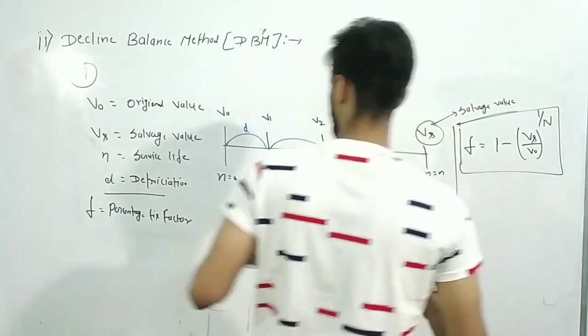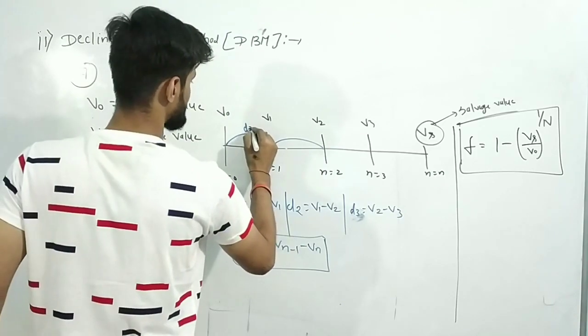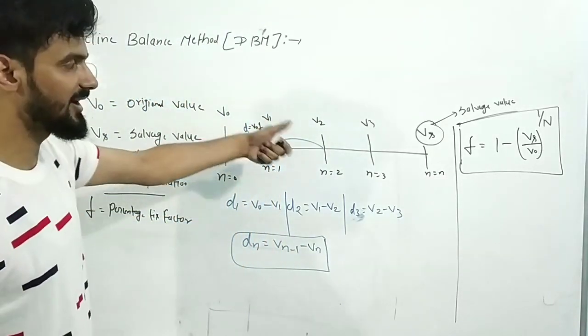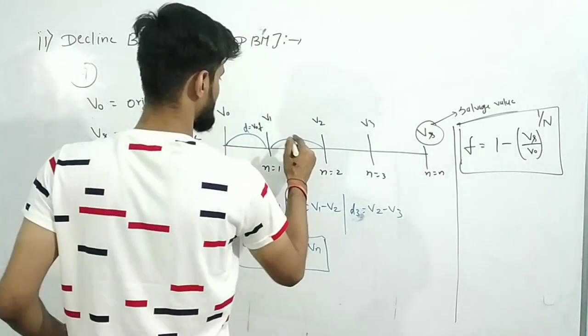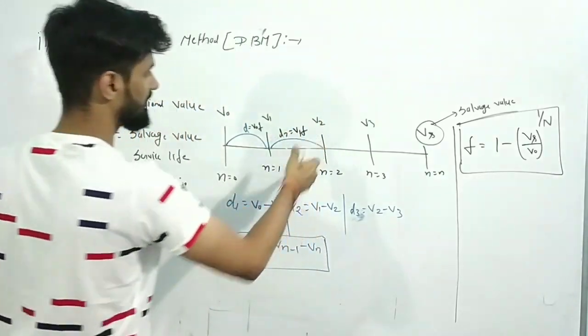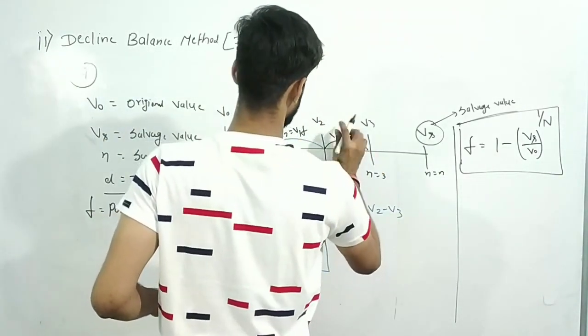Now understand, if you calculate depreciation here, then D1 is equal to V0 times F. The amount of depreciation is going to decrease. D2 is equal to V1 times F, because this percentage factor will be the same.